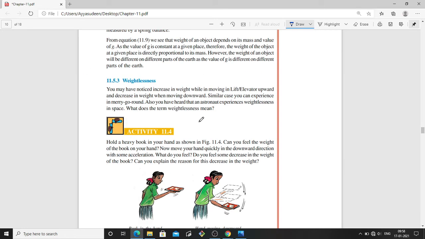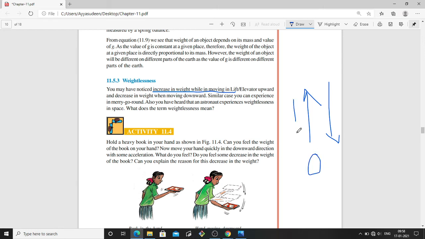And weightlessness, if you have noticed that while moving in a lift or elevator upward, once you go, you feel that there is an increase in weight. But once you go downwards, you feel that the weight is decreased.